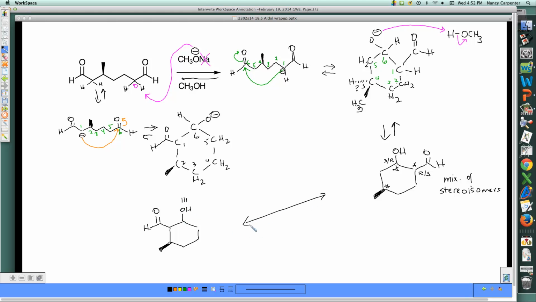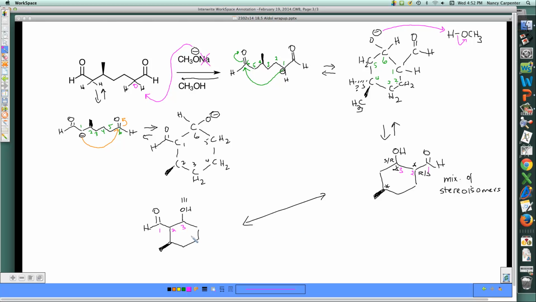And you can see that they are definitely different, completely different isomers. They both have that classic 1, 2, 3 relationship that shows that it's an aldol.